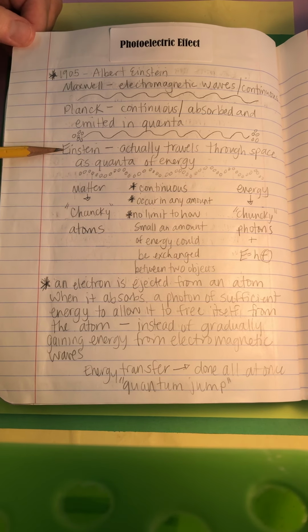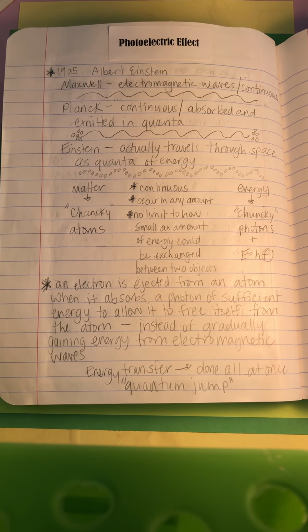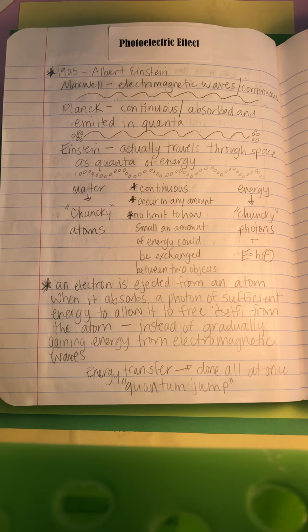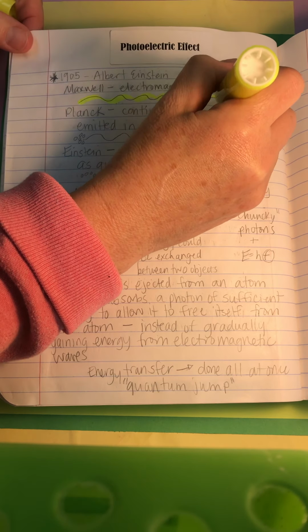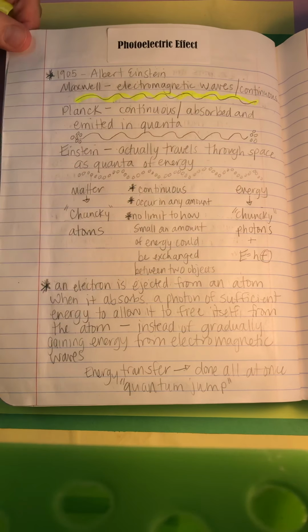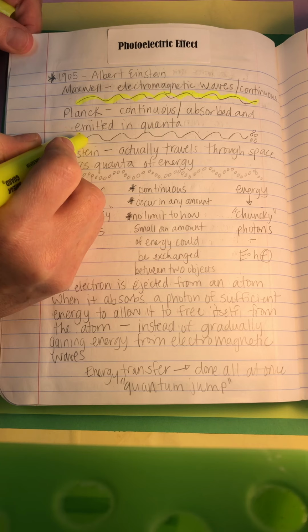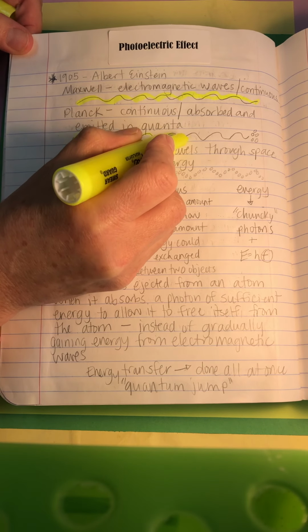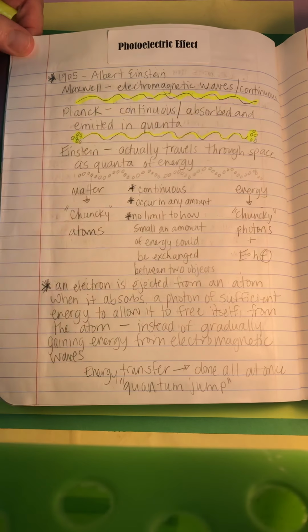And then Einstein comes along, and this is like my drawing. If I take a highlighter, Maxwell's idea is that light is just traveling continuous in this electromagnetic wave. Planck says these little packets are emitted, but then it travels continuously, and when it's absorbed on this other end, that's those little dots there.